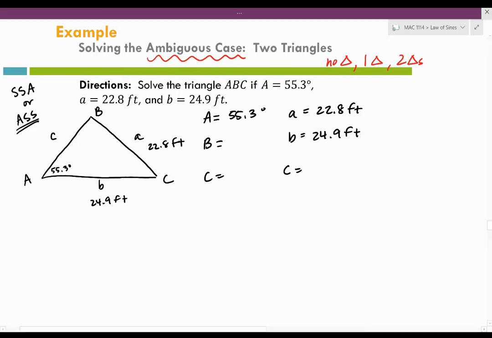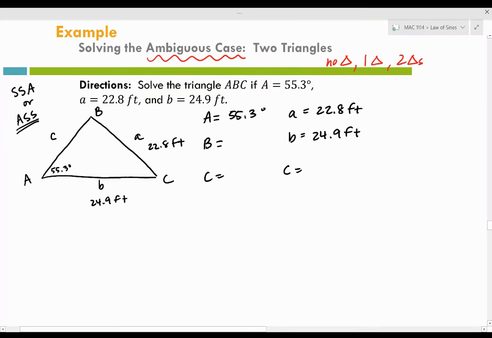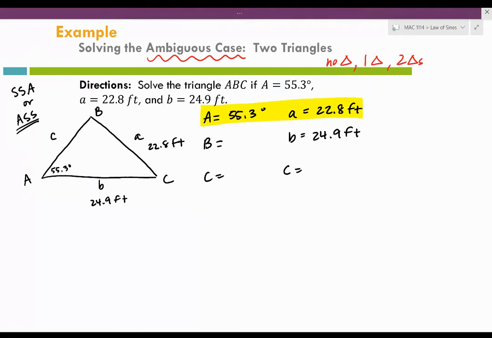Okay, so remember, the next way that I can tell I'm going to use the law of sines, even if I forget what case I have, I can look at my problem and see that I have a pairing. So I have both angle A and side a, which lets me know that I can use the law of sines on this problem. Okay, so probably the easiest thing to find first is angle B because I already know what side b is.